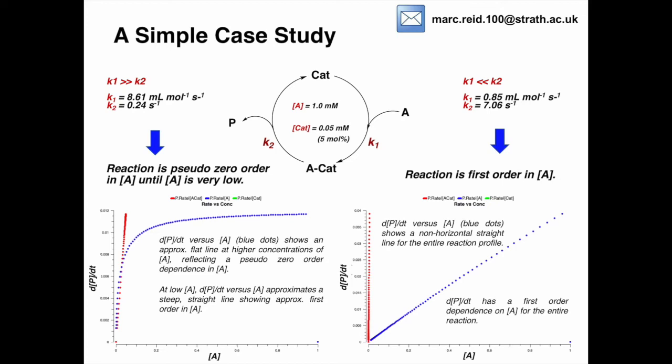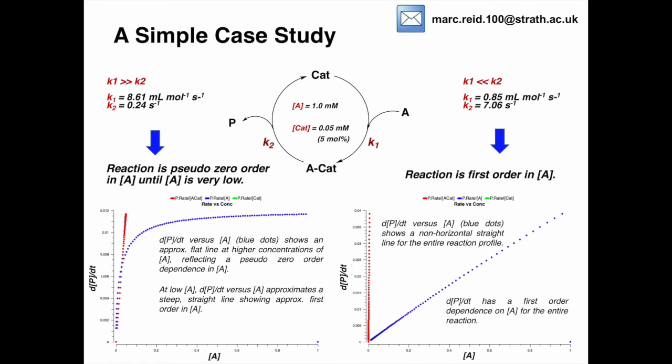In a related case study, the rate constants K1 and K2 are now reversed in magnitude. Let's now look at the right-hand process. In this case, the rate of formation of product versus the concentration of A, the blue dots, show a non-horizontal straight line for the entire reaction profile.